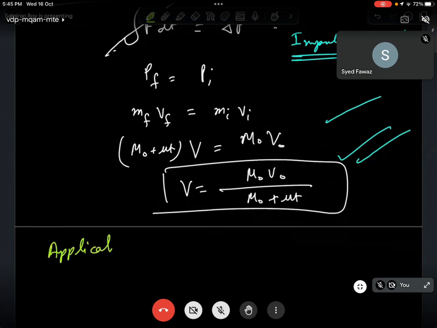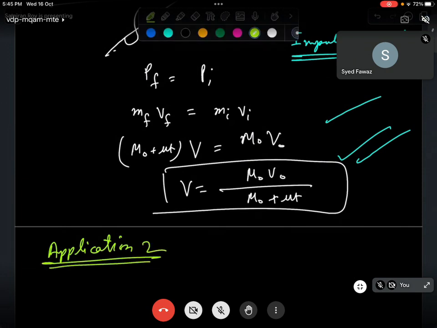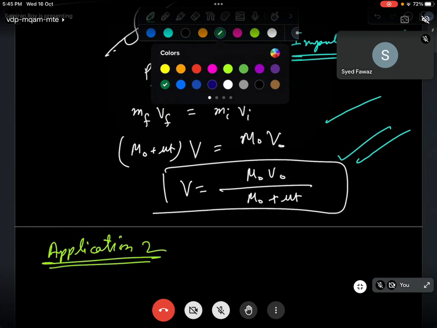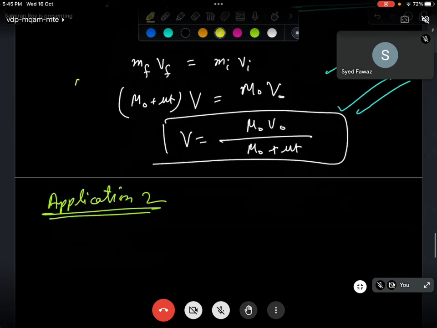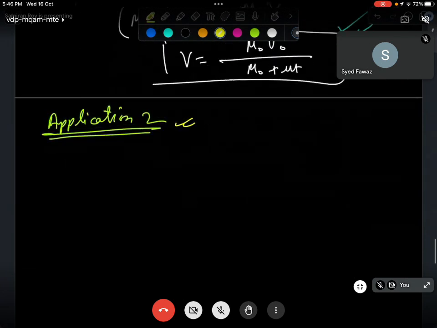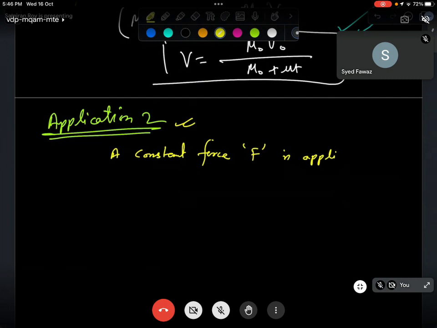Application 2. What is application 2? First I am writing the question. A constant force F is applied on a cart.